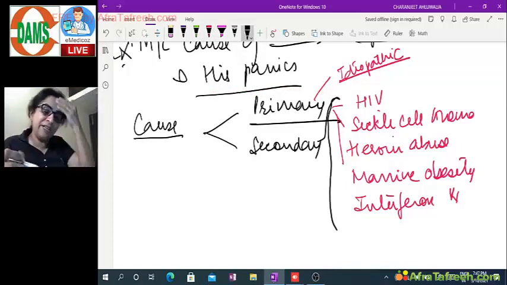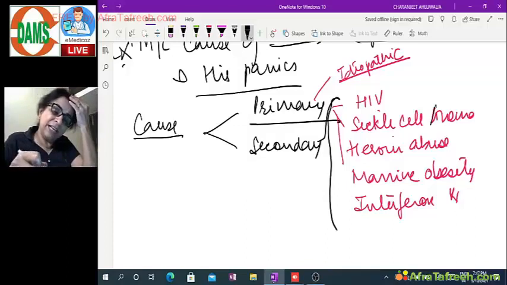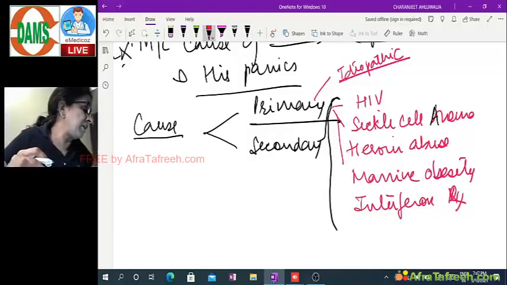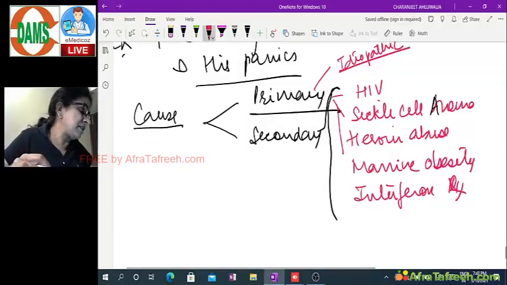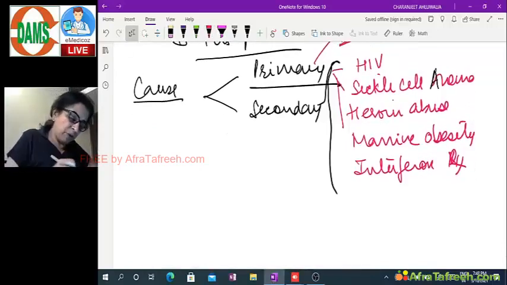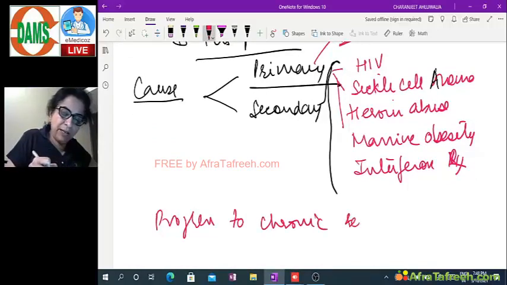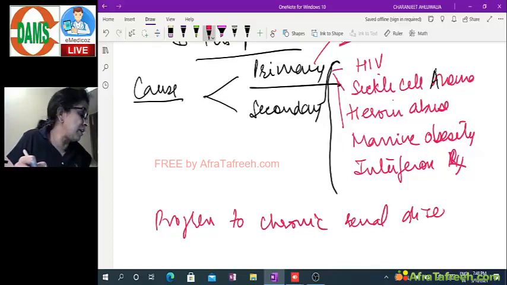So HIV, sickle cell anemia, patients of sickle cell anemia can have it, heroin abuse, massive obesity, or treatment with interferon treatment. All these people can have this, and usually this progresses to chronic renal disease.